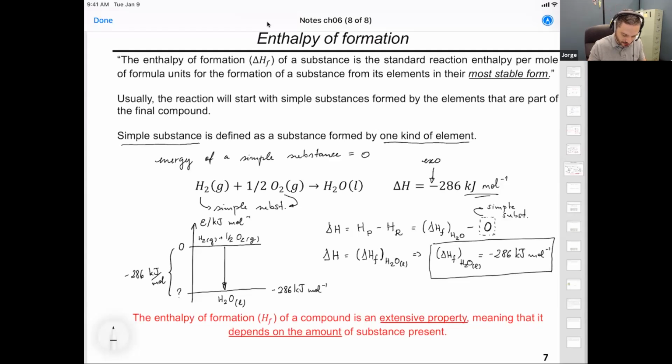Okay, so this example was the formation of water, starting from simple substances, hydrogen and oxygen. The only product has to be water in the liquid state, and we determined the enthalpy of formation for water, which is minus 286 kilojoules per mole. And you can see it as the energy of one water molecule, 1 mole of water molecules in the liquid state.